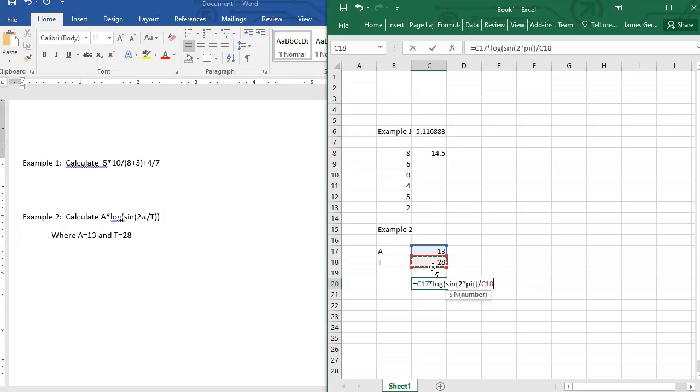Then I have to close the parentheses on the sine and on the log, and now we get minus 8.48. And again, if you come back in to do this a second time and you've got it right the first time, all you have to do is put in the new numbers and you're there, right?